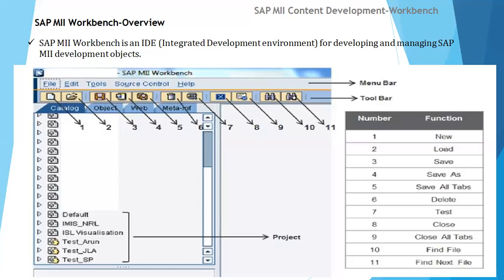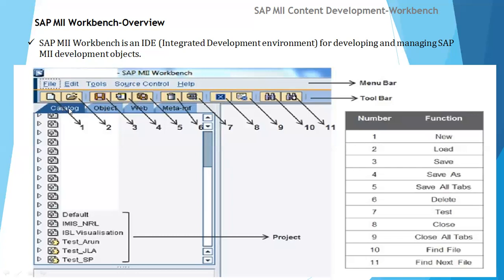And here is the find file. Clicking on this button, you can find a file in your folder structure. You just need to give the file name, and it will find the file path in your folder structure. And find next file gives you the ability to find the next file in that folder.